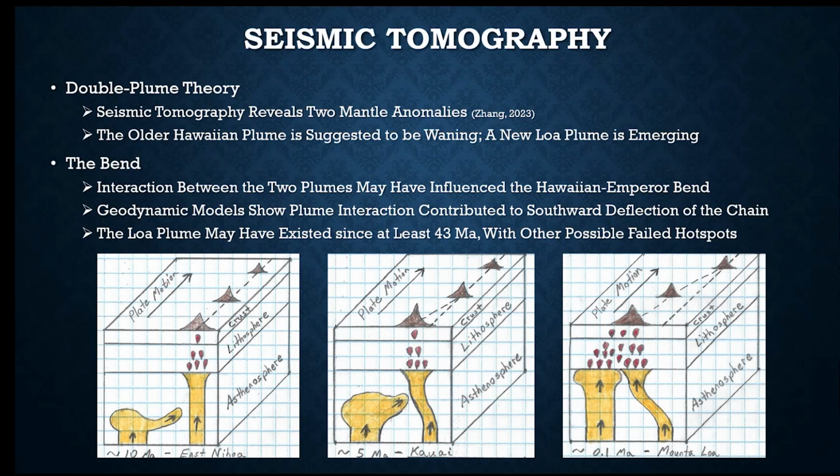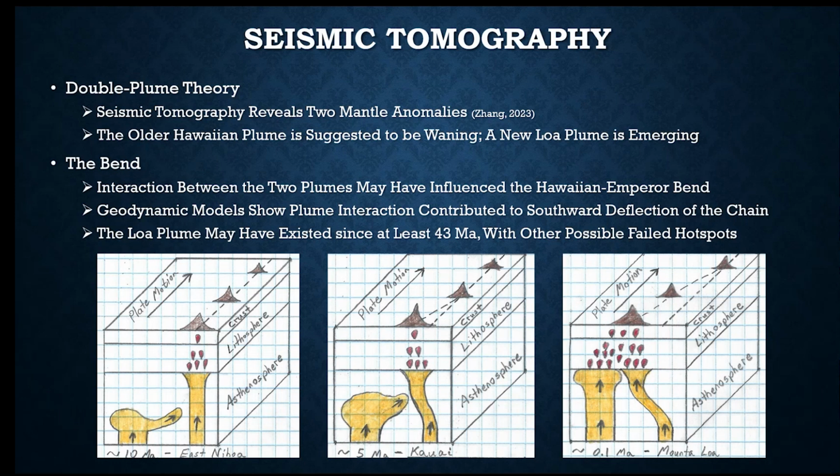So I drew these three images here to try and show the whole theory behind this plume-plume interaction. In the first picture, you can see how the normal Hawaiian hotspot just makes a single straight line as the tectonic plate moves in a single direction, with an emerging second hotspot.